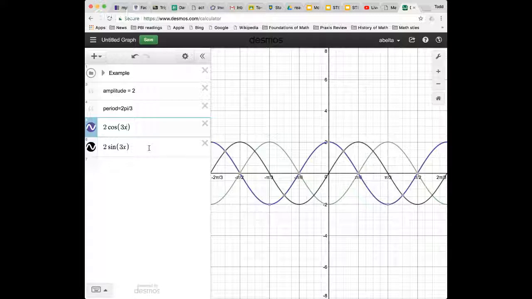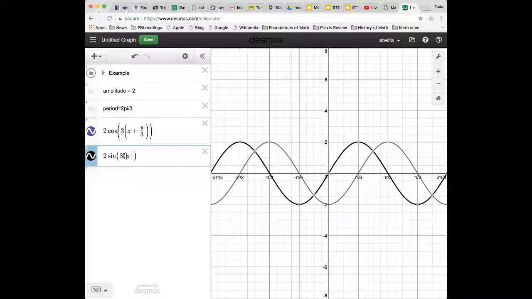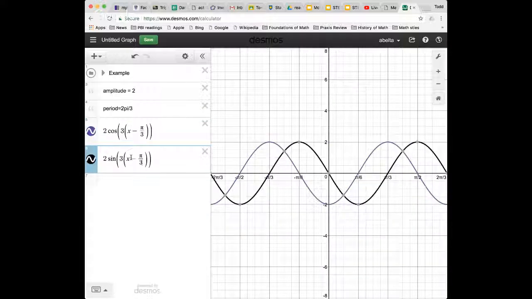Yep. So the cosine I could shift pi over 3, though I need to make sure I do that in parentheses to take care of the period before I do that. Or I could shift the sine curve. I wanted to go right, but it's going to have the same net effect. Pi over 6.